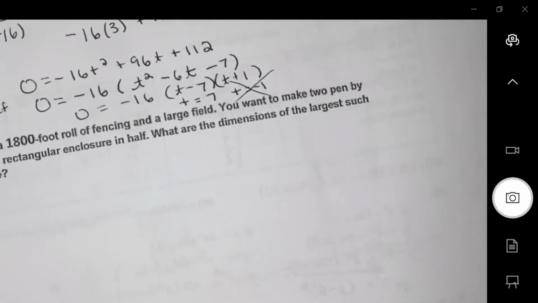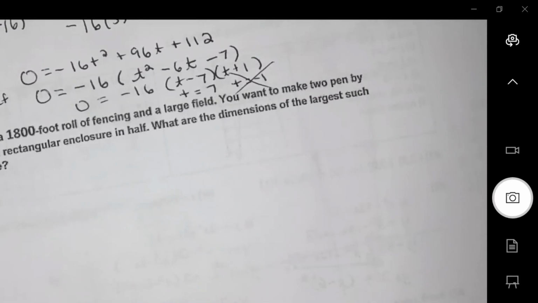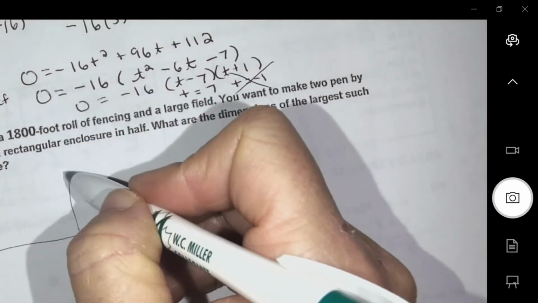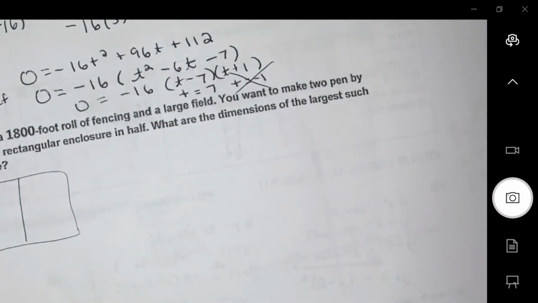Okay, you have an 1,800-foot roll of fence, and you want to make 2 pens splitting a rectangular enclosure. So that's your situation. You want to make 2 pens splitting a rectangular enclosure in half.